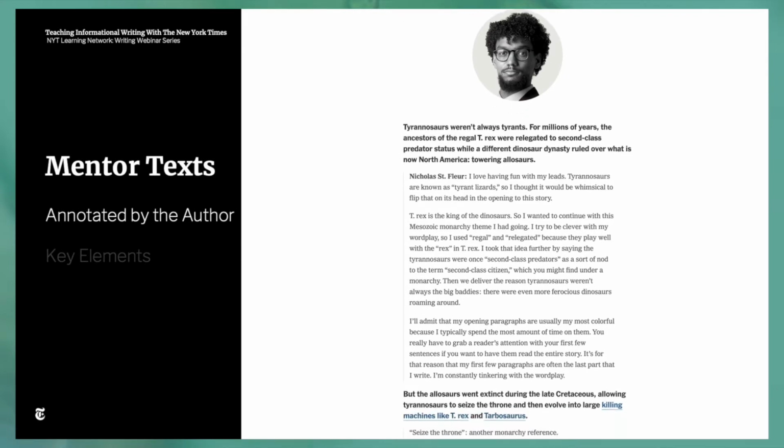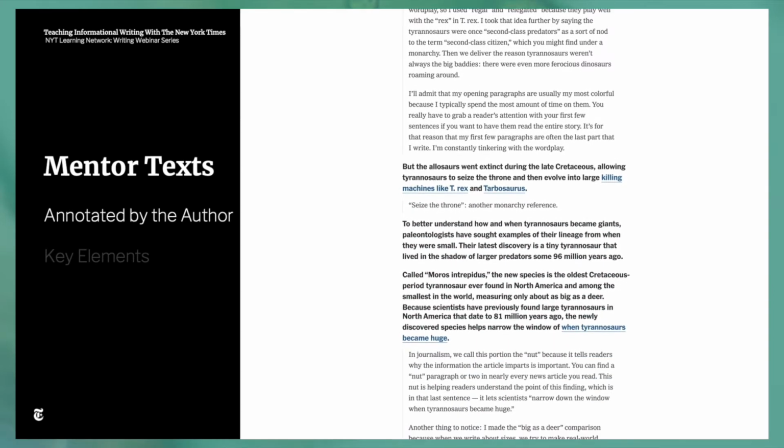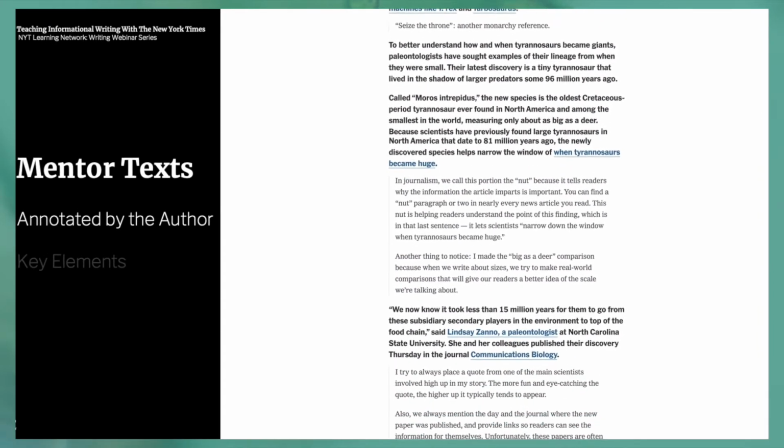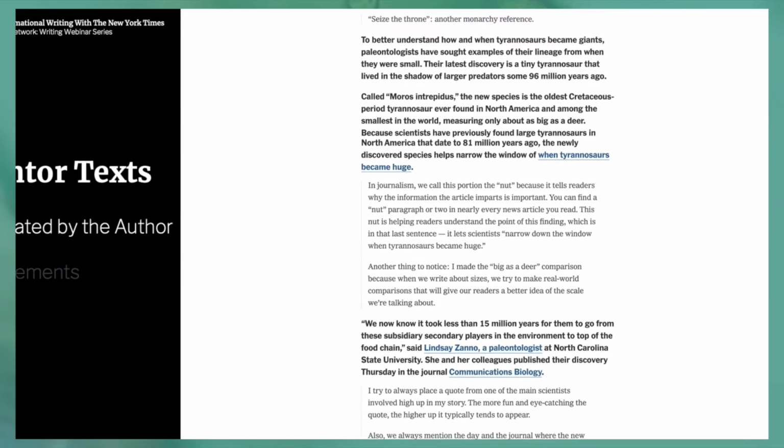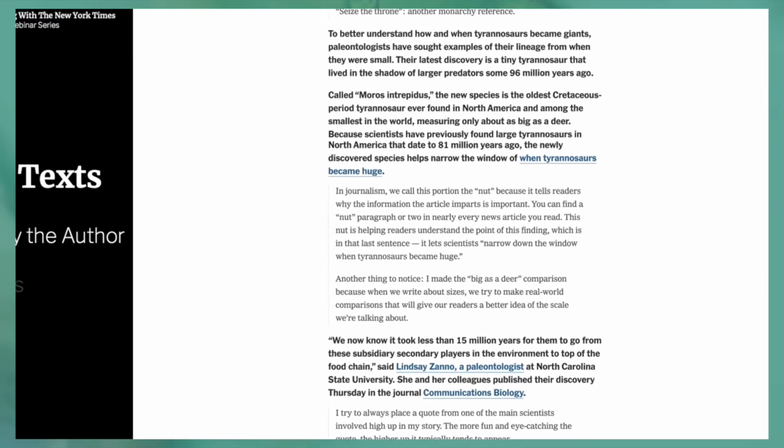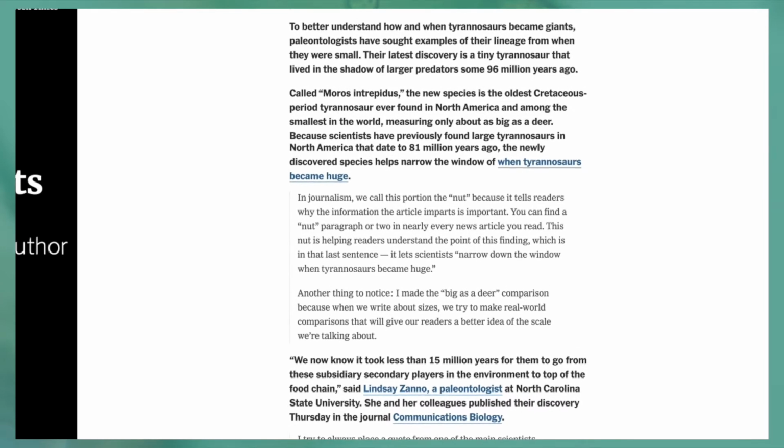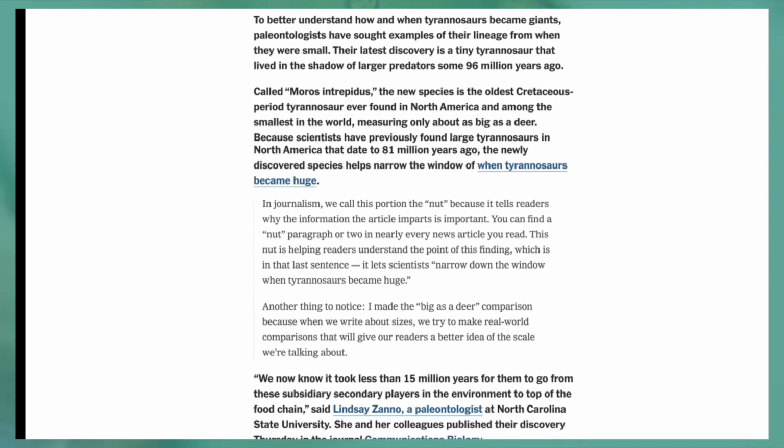He's a science writer and contributor to the Science Times. And you'll see right here that his original article is reproduced, and then he writes comments on each paragraph explaining his writing and his research process. We're going to learn more from him later and hear about this article specifically, but this is one place that you can start with students.